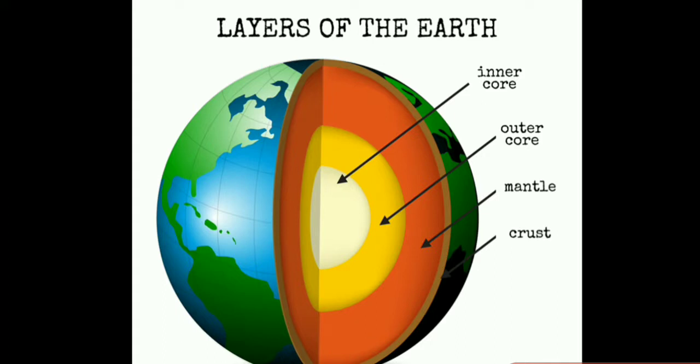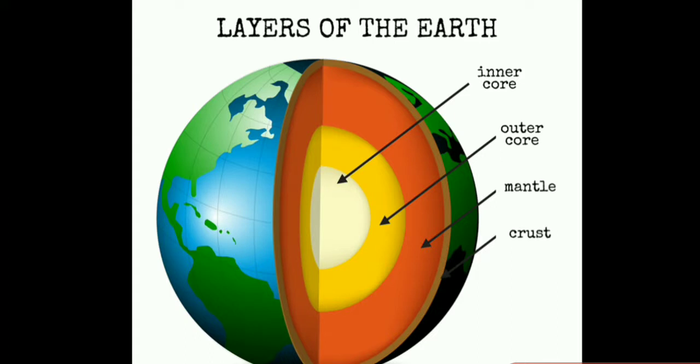Okay, and the liquid outer core is a mixture of iron and nickel. Here I am talking about this one layer. So the liquid outer core is a mixture of iron and nickel, and the solid inner core, this part, is made up of 80% iron and a small amount of nickel, and it is the hottest part of the earth.